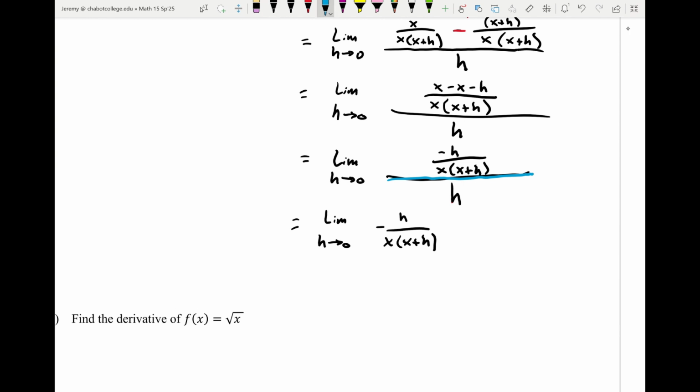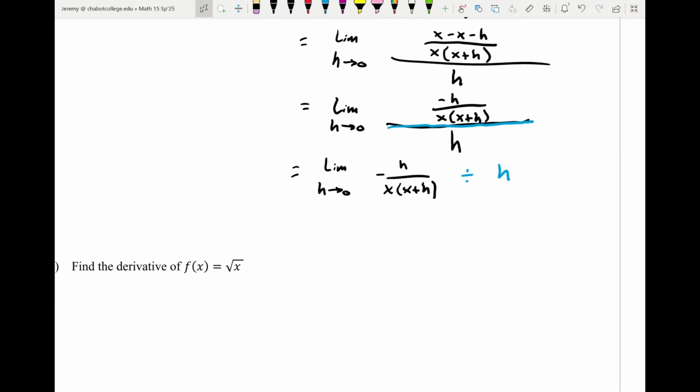If you turn that main fraction bar into a division sign, so we're just dividing by h. To divide by h is the same as to multiply by the reciprocal 1 over h. So this is the same as times 1 over h. And then we get this h up here to cancel with that h down there. They make a big 1. So then this is equal to the limit as h goes to 0 of just negative 1 over x times x plus h.